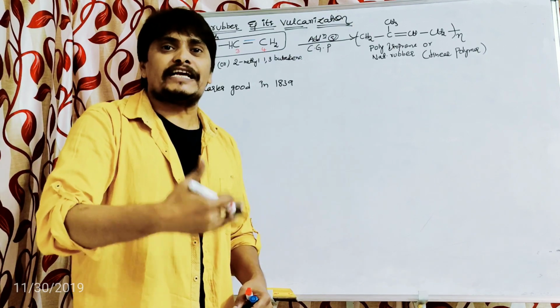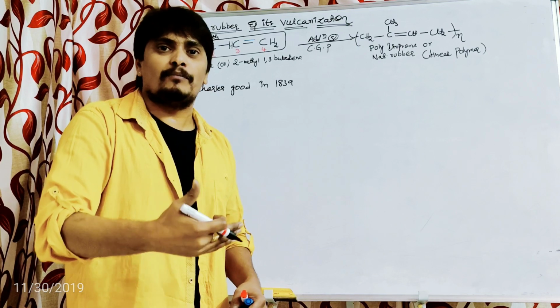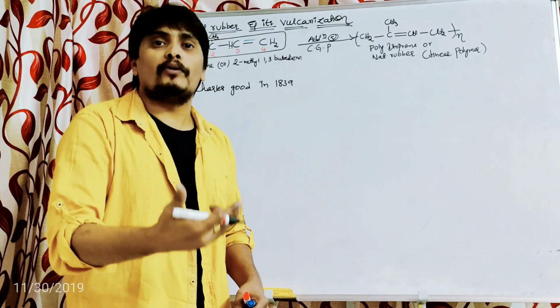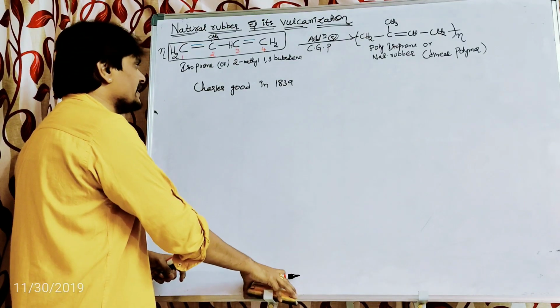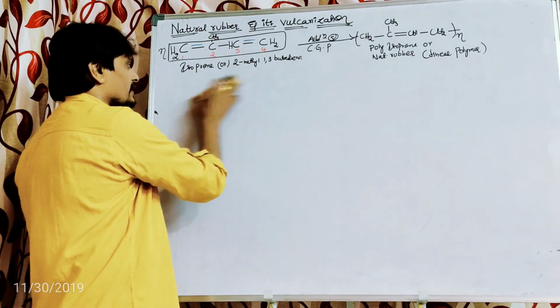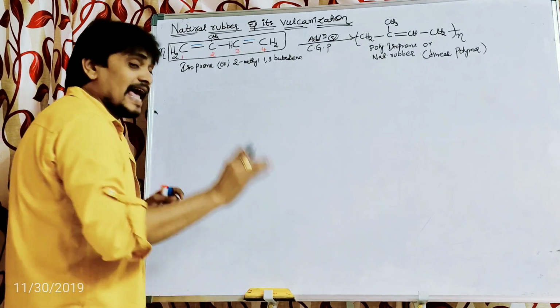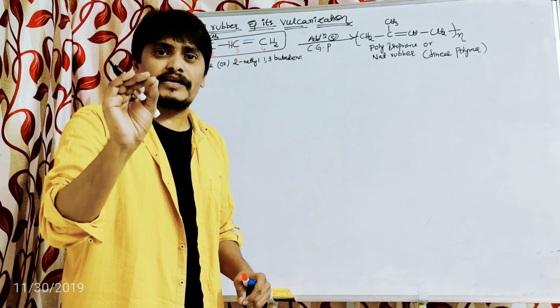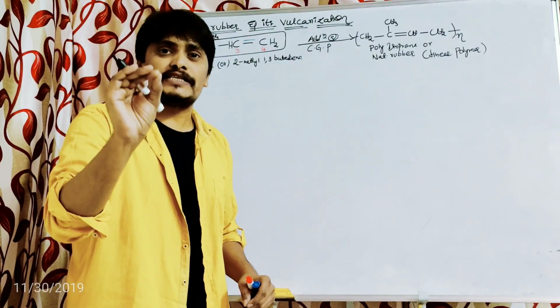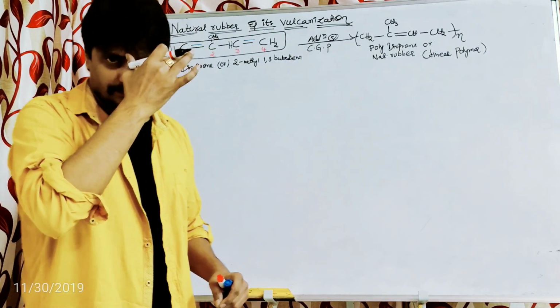That is, the mechanical properties associated with the natural rubber were improved. So Charles Goodyear in 1839 added the sulfur powder in order to improve the poor mechanical properties associated with the natural rubber.